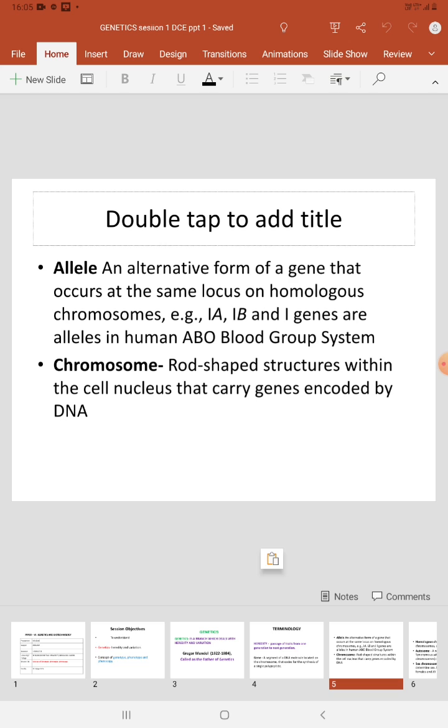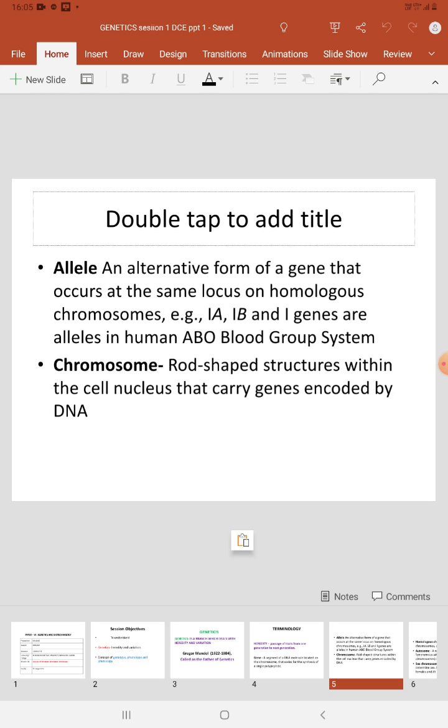I think all of us are familiar with this ABO blood group, wherein the humans are divided into four different blood groups, and they may have blood group A or blood group B or blood group AB or blood group O. And to simplify things, I have designated it as due to presence of three alleles. When we learn about multiple alleles, we know it is a little bit more complicated.